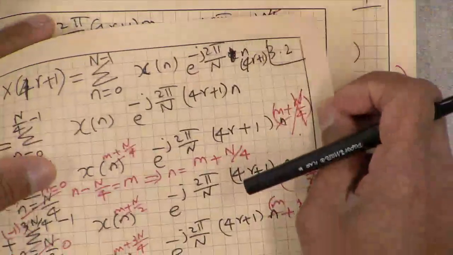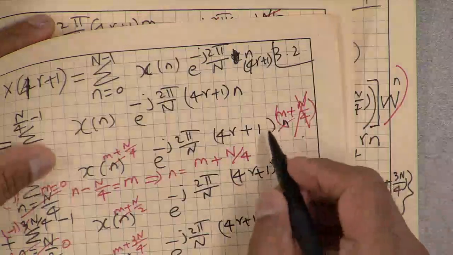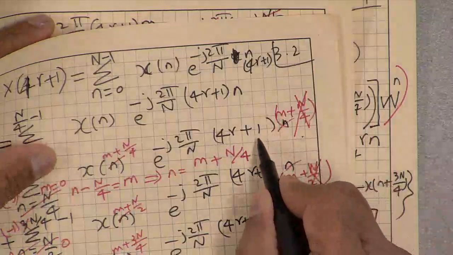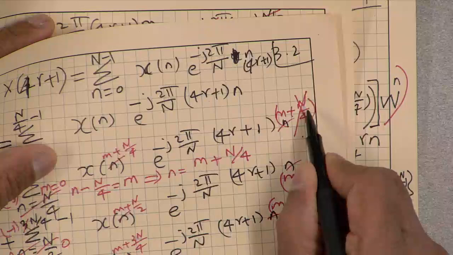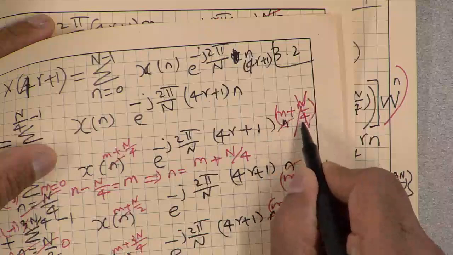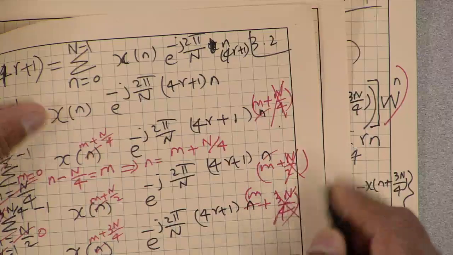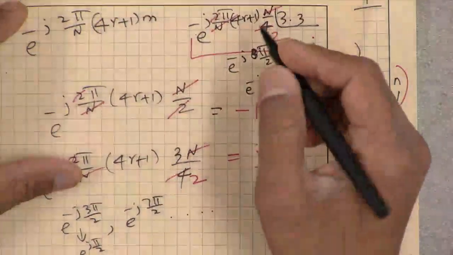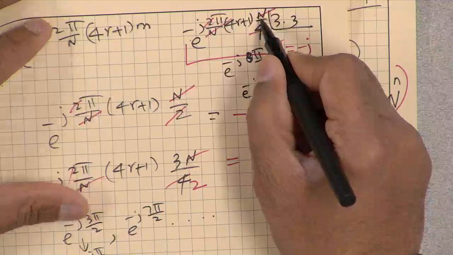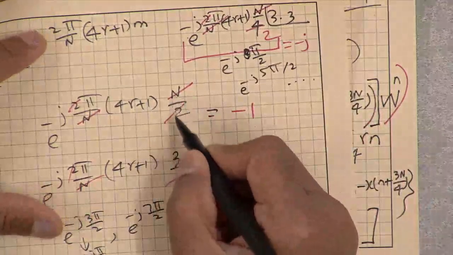What will happen when I multiply this 4r plus 3? Instead of 1 times n by 4, 1 times n by 2, 1 times 3n by 4, these will become 3 times n by 4, 3 times n by 2.